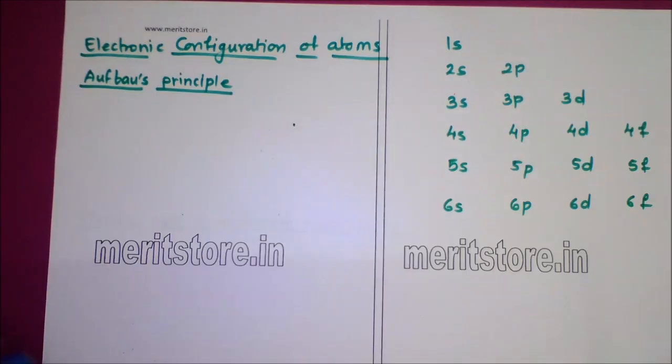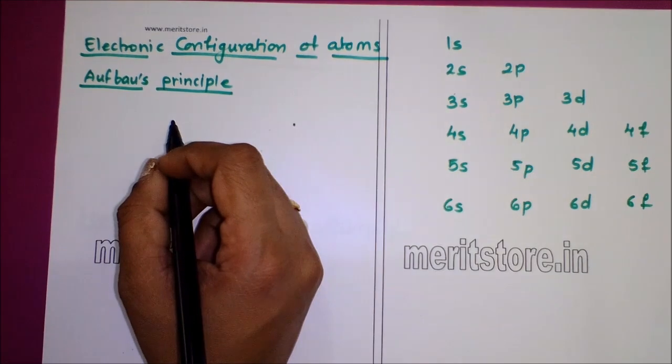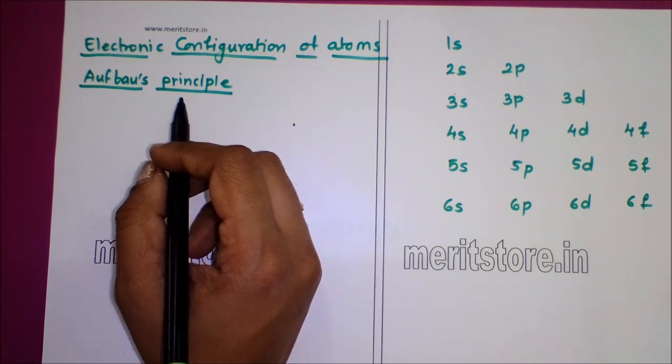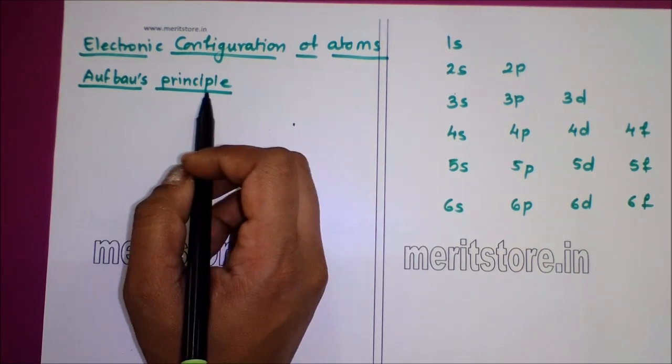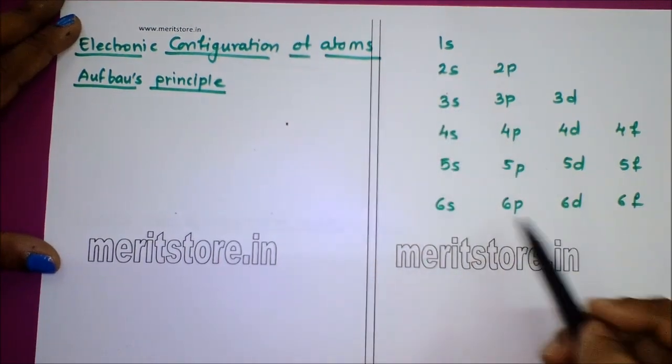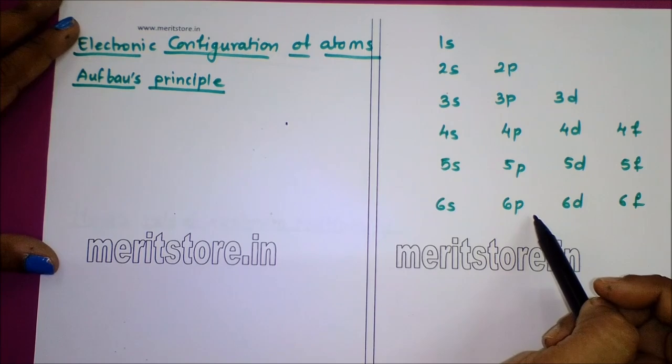The next part is the electronic configuration of an atom. It is generally the distribution of electrons in different shells or subshells. But if we have to distribute electrons, we have lots of different orbitals with us. Exactly where to start?